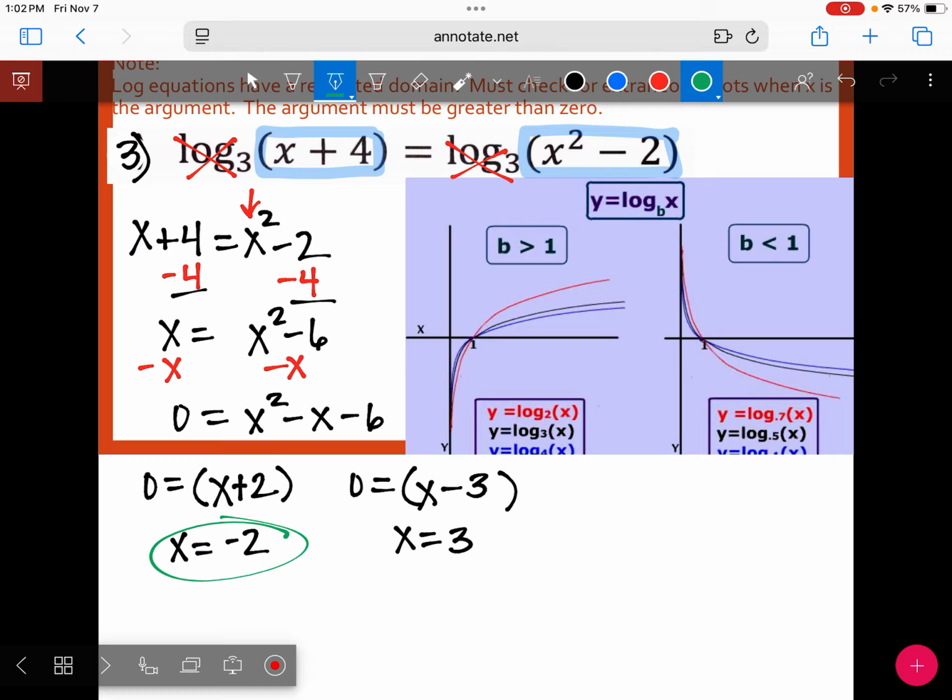If I put a 3, is that going to be positive or is it going to become negative? 3 plus 4 would be positive. What about 3 squared minus 2? All right, so this actually has 2 solutions. Now later on, we will come to some that won't work. So we only have to do that check when it's a log equation.